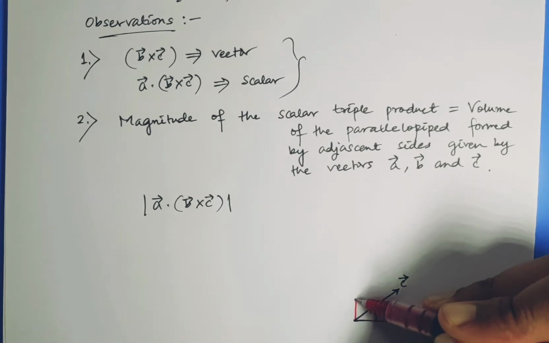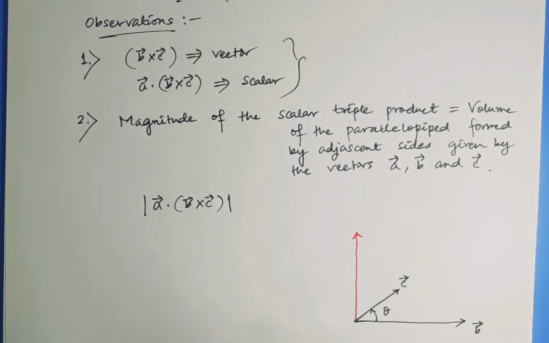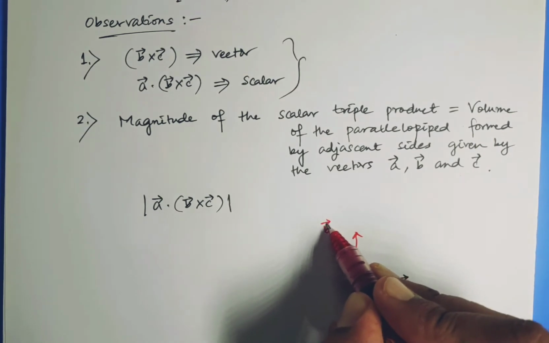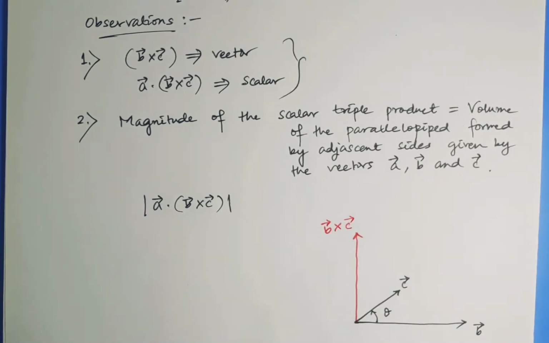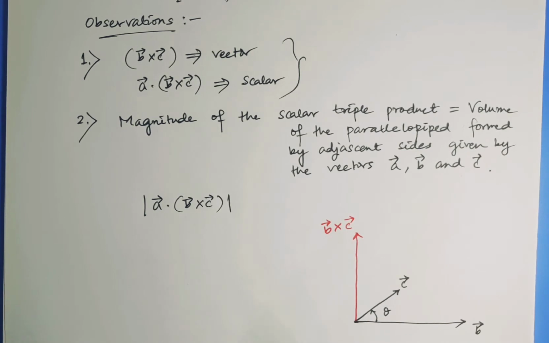So it will be in this direction. This is the unit vector which is perpendicular to the plane of B and C. So this one will be the direction of the cross product of B and C. Clear? Now I know one thing: B cross C gives us the area of the parallelogram, right? Let's draw the parallelogram. Wait, we'll get to the parallelepiped first. Slowly.